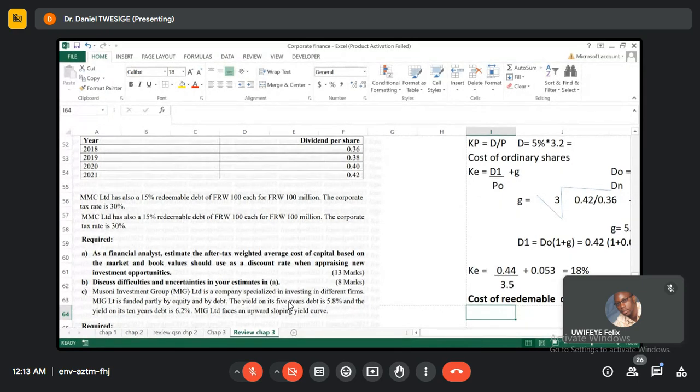We are assuming that the market value of the debt is similar to the book value. Can we assume the growth rate? But the growth rate is in the share. No, I don't think.